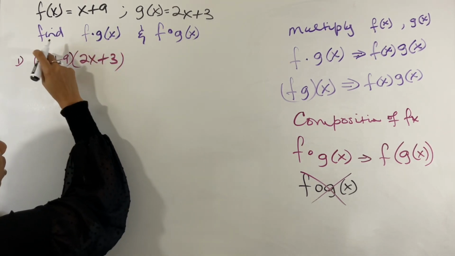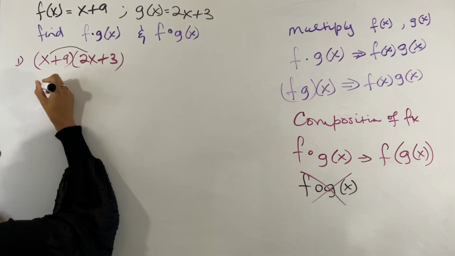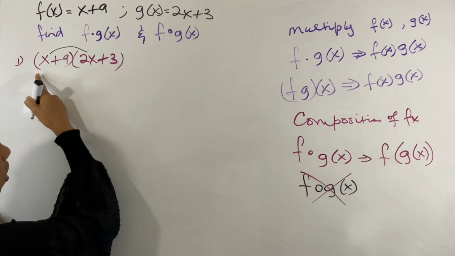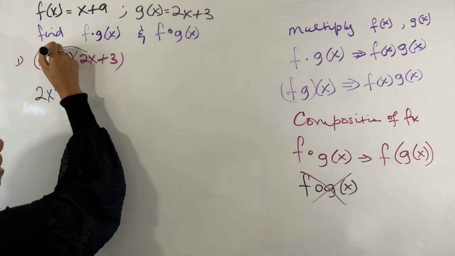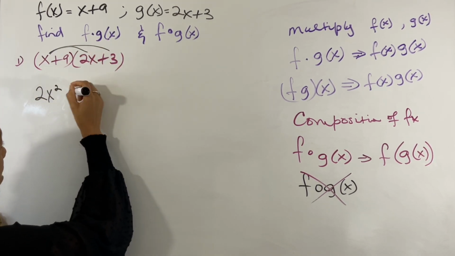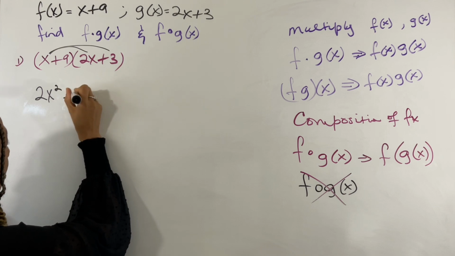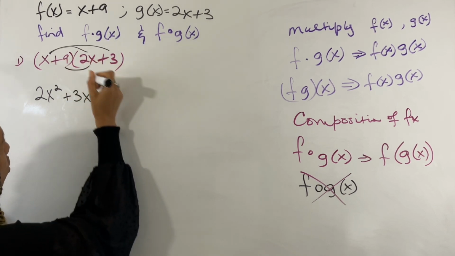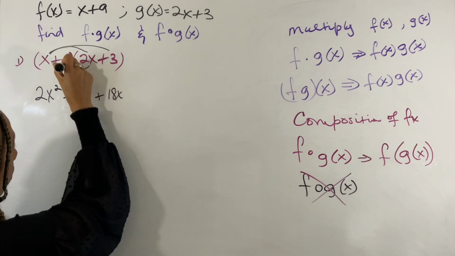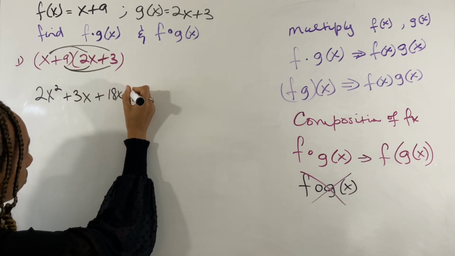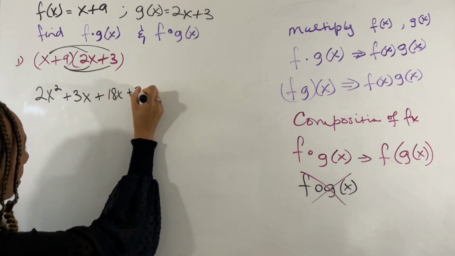We're going to use the distributive property and multiply each of these out. So x times 2x is going to be 2x to the second power. x times 3 is going to be 3x. Then 9 times 2x is going to be 18x, and 9 times 3 is going to be 27.